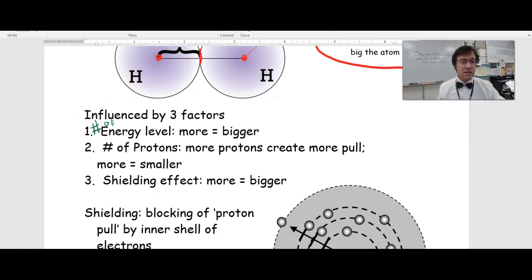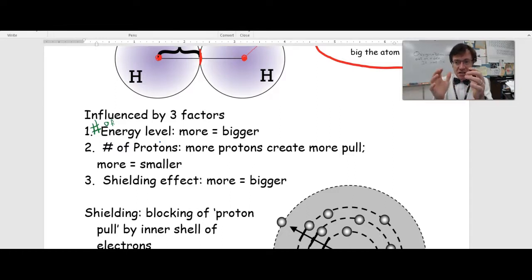The next one is the number of protons. Now this one only works inside the same period, right? What's happening there is the more protons you have in the nucleus, the greater the proton pull there is. Does that make sense? So if you only have 3 shells, and over here you have, I don't know, 5 protons, every time you take a step to the right on the periodic table in a row, or a period, you're adding 1 more proton.